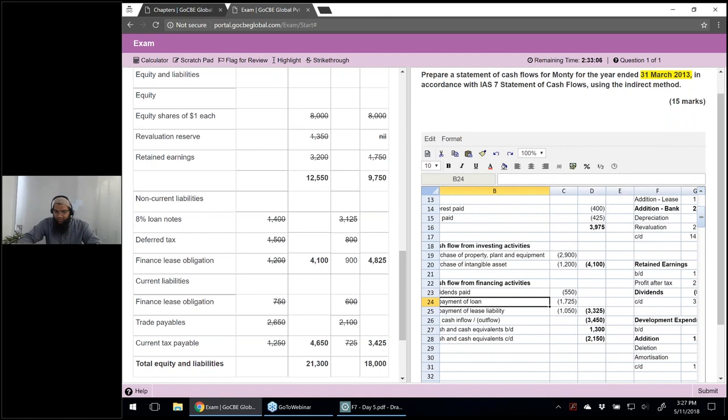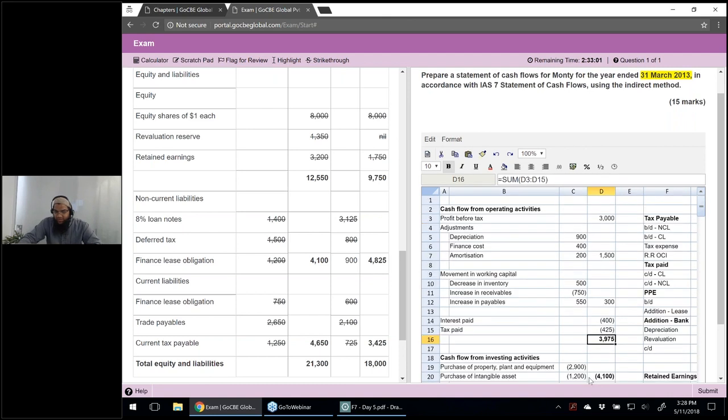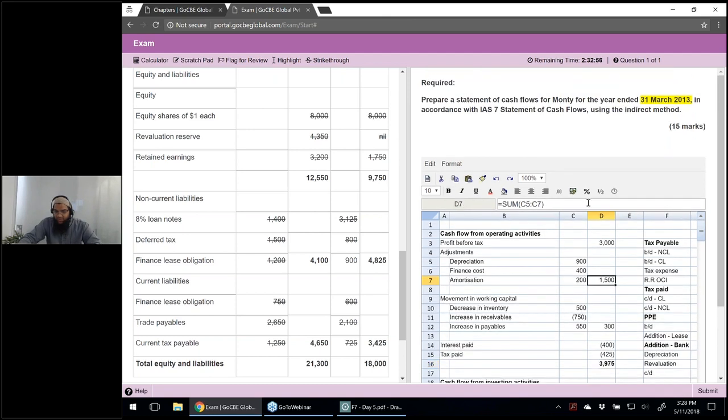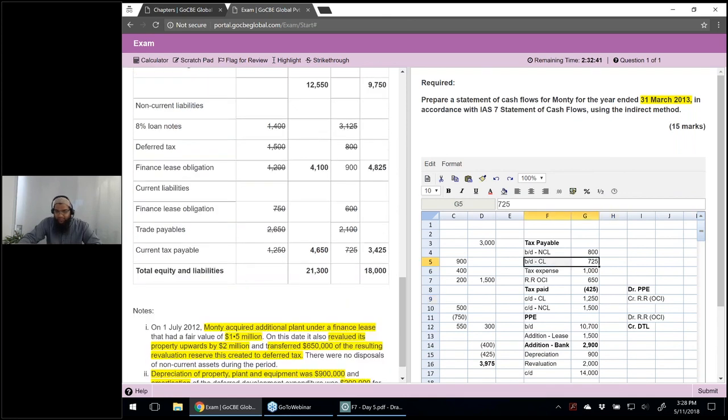Dividends payment outflow, repayment outflow, lease liability outflow. Let's check the sum of this. Let's check the values. 725 is okay. 1250 is okay. 800 is okay. 1500 is okay.